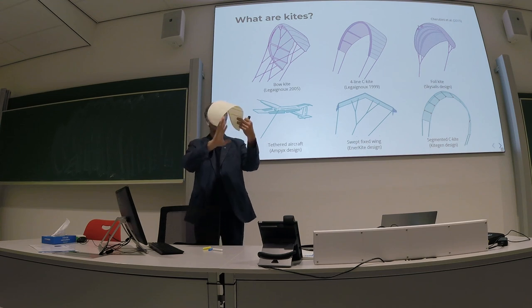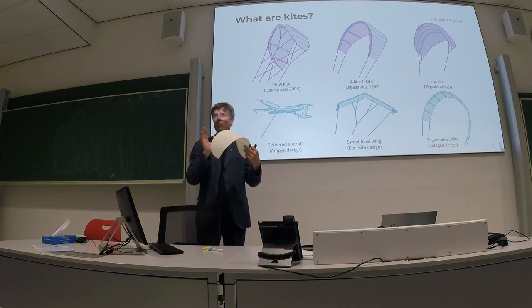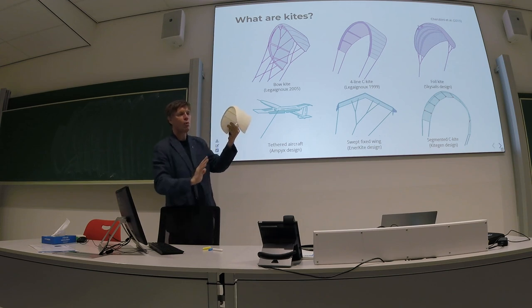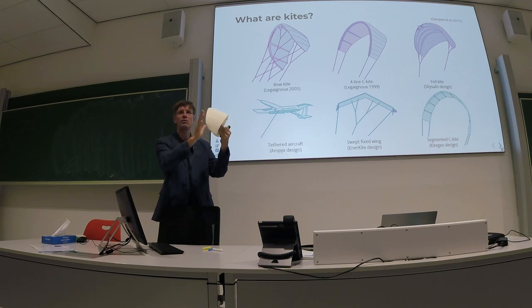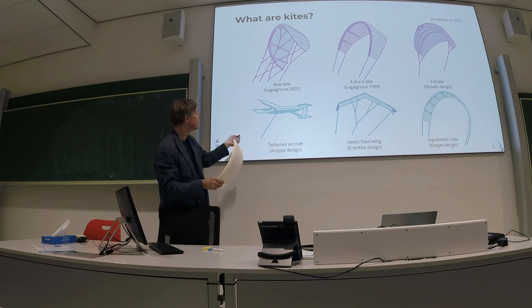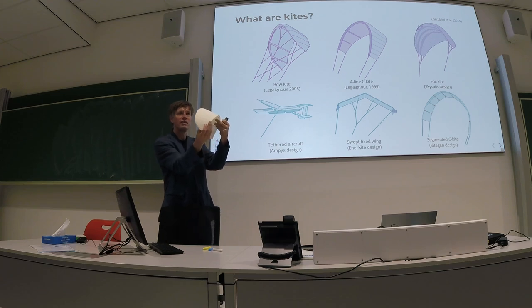Without the bridle lines, you could not maintain the shape of this wing. So the bridle lines are structurally very important. The power lines connect to the leading edge, and they carry most of the load of the wing transmitted to the ground. Then you have the steering lines, and they connect more to the tip areas in the back.